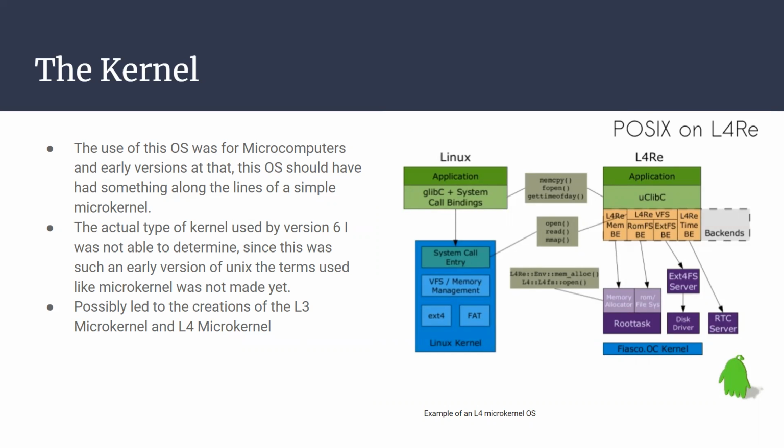The sixth version here ended up being the one that would lead on to version 7, and that one was the predecessor to the L3 microkernel and the L4 microkernel, which are used in Linux.